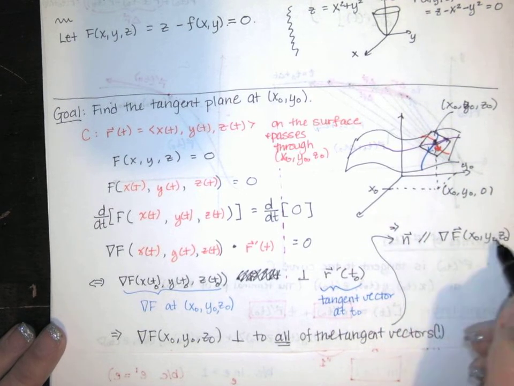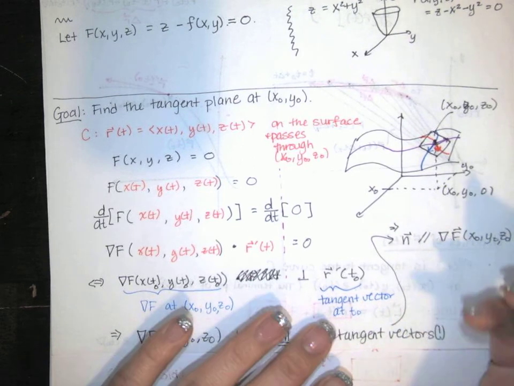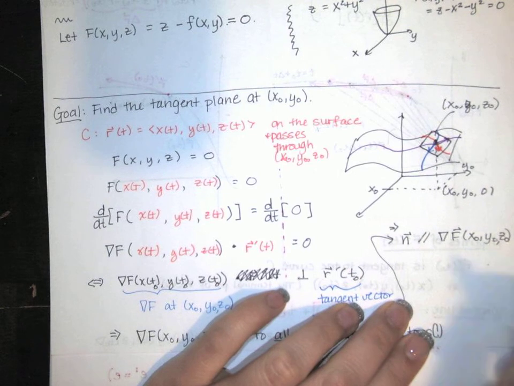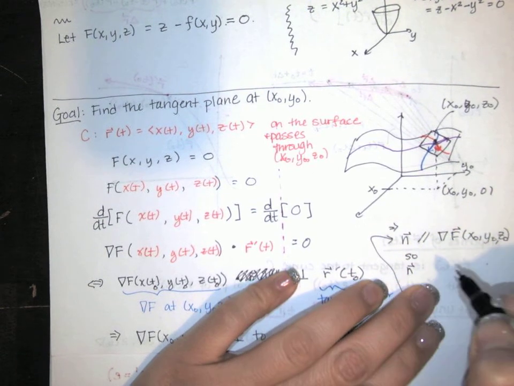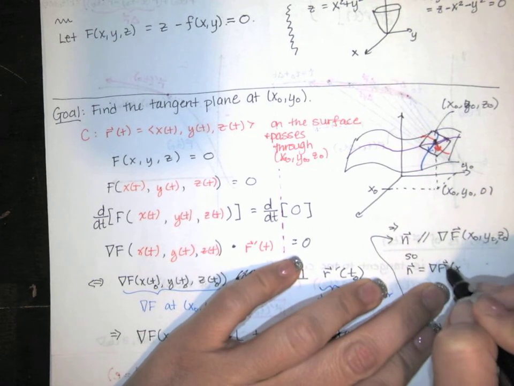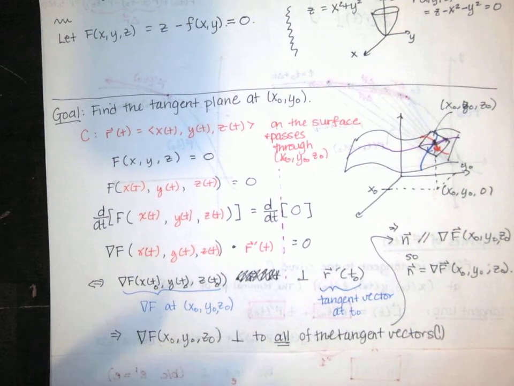So we can use this as our normal vector, and of course we can multiply by constants as we want to make the coefficients look nice. So this is one of the normal vectors to the surface, and we can always simplify.